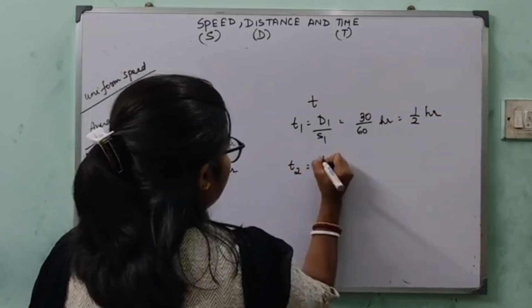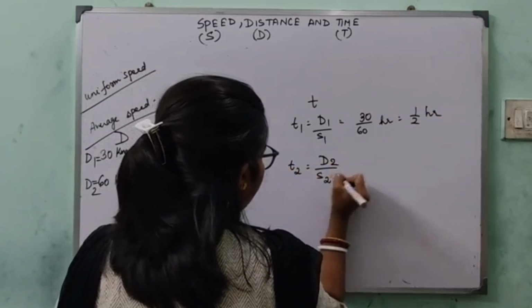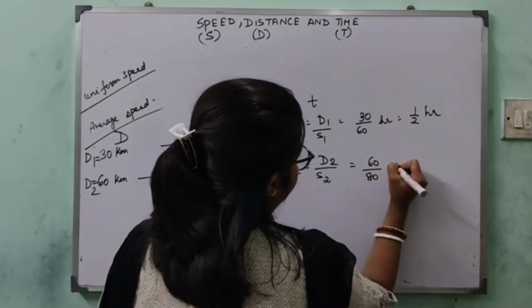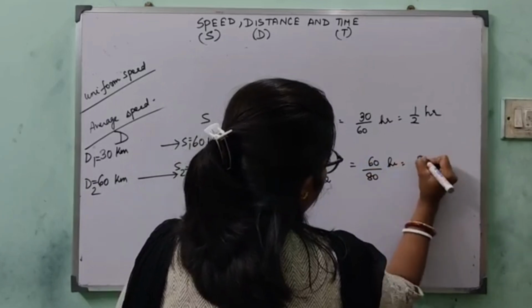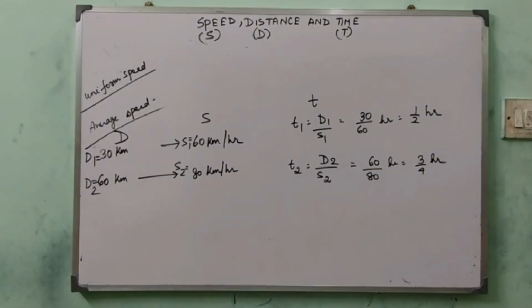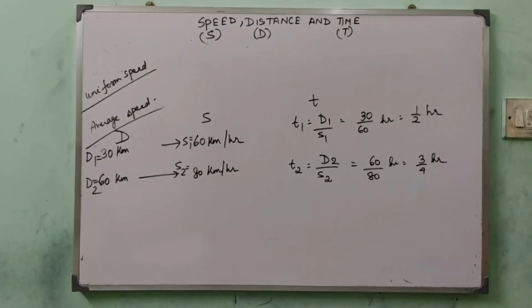T2 will be D2 by S2, that is 60 by 80 hour, that is 3 by 4 hour. Now we have got the 2 times. So your time taken to cover 30 km at a speed of 60 km per hour is half hour, and the time taken to cover 60 km at the speed of 80 km per hour is 3 by 4 hours.